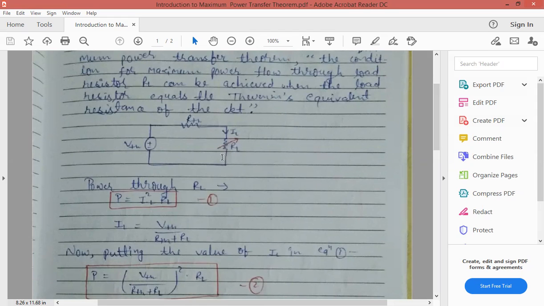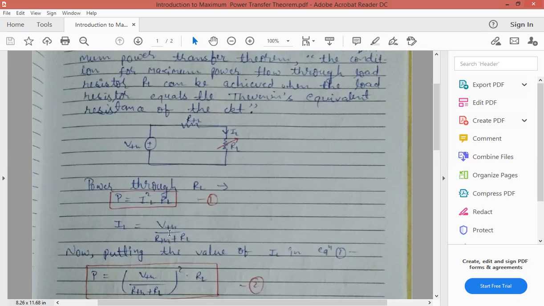Through this load resistor RL, power will be P equals IL square into RL. This is our first equation. From Thevenin's theorem, if I skip this arrow, then this circuit diagram is equivalent to the Thevenin's equivalent circuit. So, IL will be VTH upon RTH plus RL.